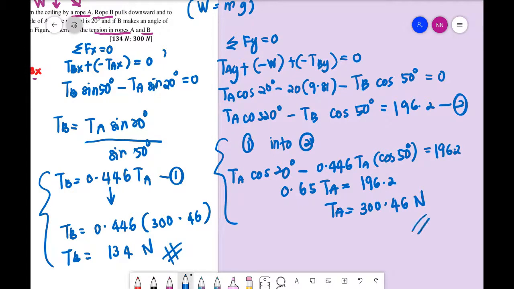If you use another method, the answer for TA may be 299.9 Newton, and for TB you may get an answer slightly different from the given answer here. It doesn't matter as long as the concept is correct.